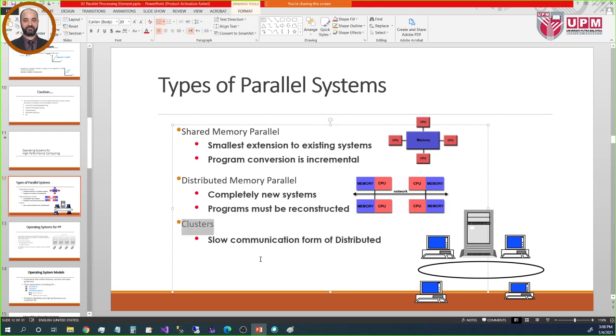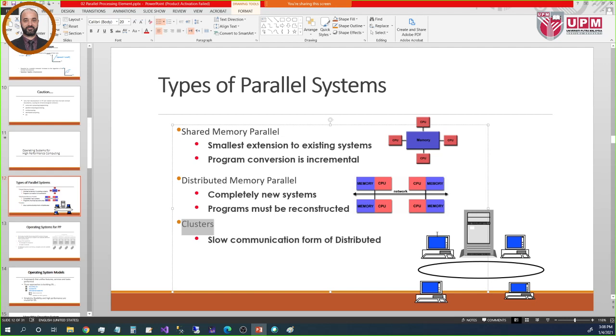Then we have clusters. A cluster is a very huge parallel system that includes a number of standalone computers.